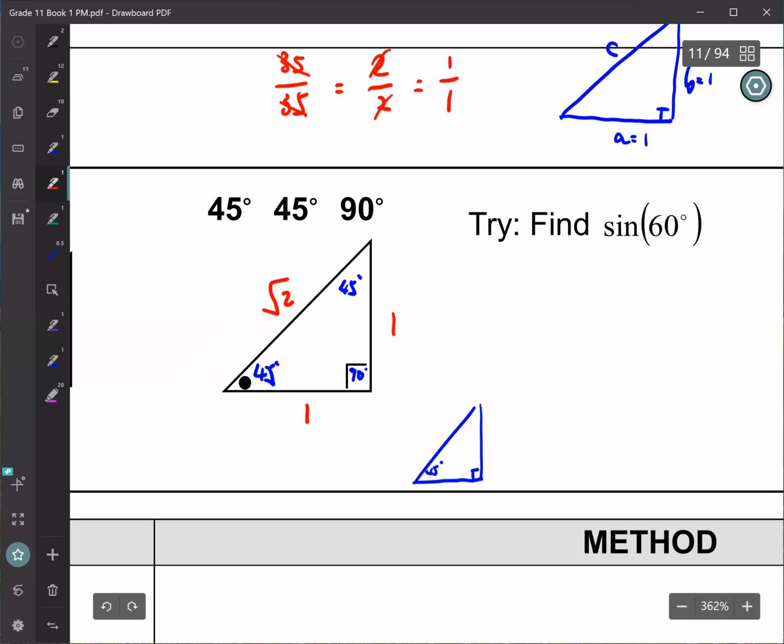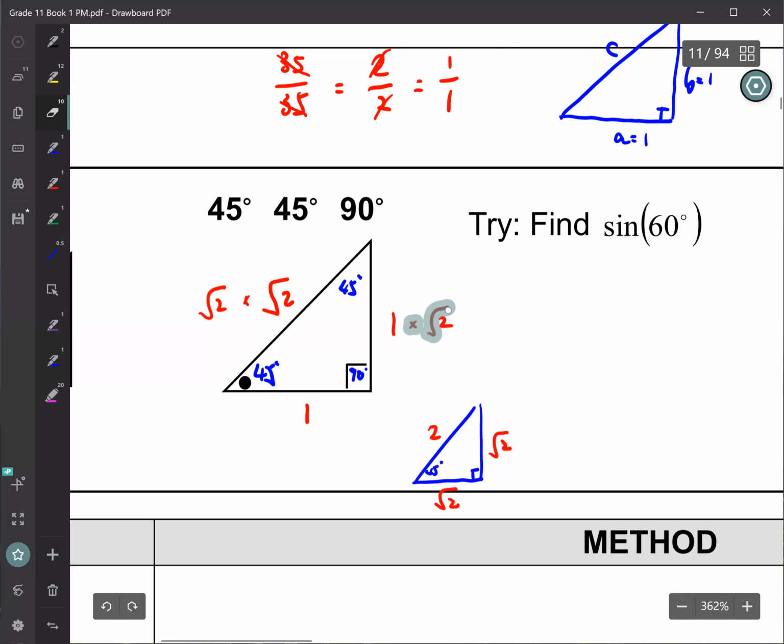Or another one that's confusing is when you see root 2. If I multiply every side by root 2, this side times root 2 will give you root 2. Every side times root 2, and also the hypotenuse side times root 2. So root 2 times square root 2 will give you 2.